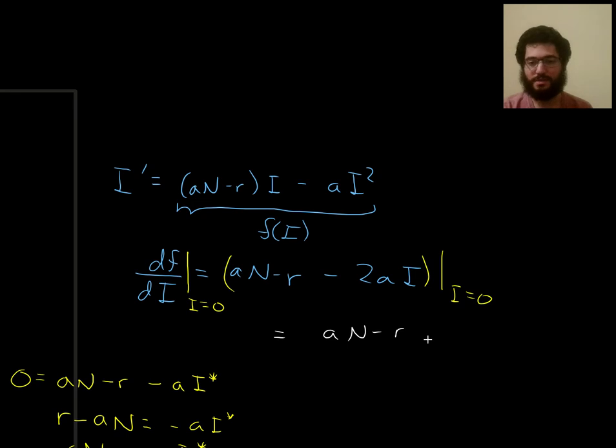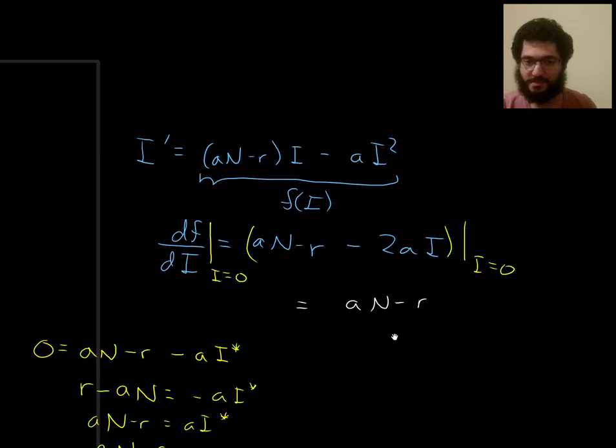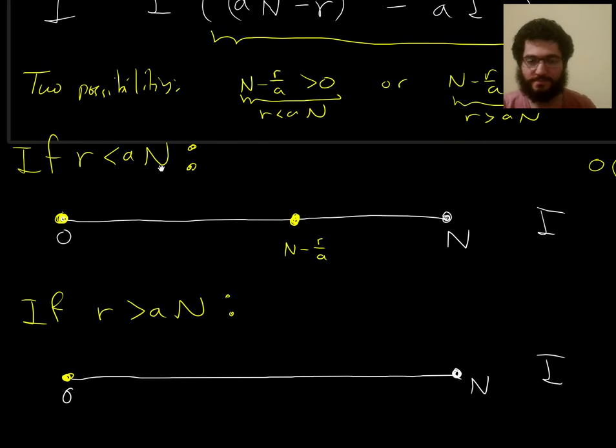Which, is that positive or negative? Not clear, right? It could be positive or it could be negative. Interestingly, whether it's positive or negative depends on which of the two cases we're in, whether we're in this case or this case. So let's give these cases a better name.